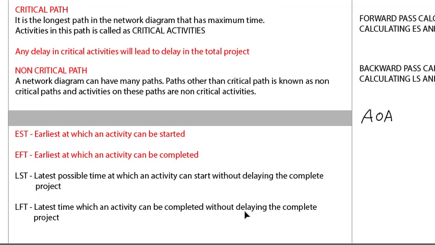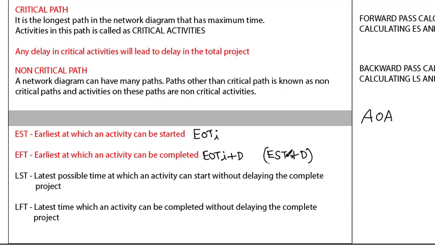Activities in the critical path will have no float, that is no relaxation, and non-critical path activities can have total float and free float, it depends. And then we saw earliest start time, that is EOTI. Earliest finish time is EOTI plus D or EST plus D, you can write however you want. This is LOTJ and this is LOTJ minus D.